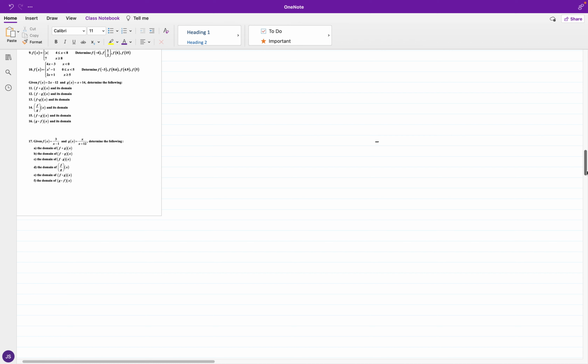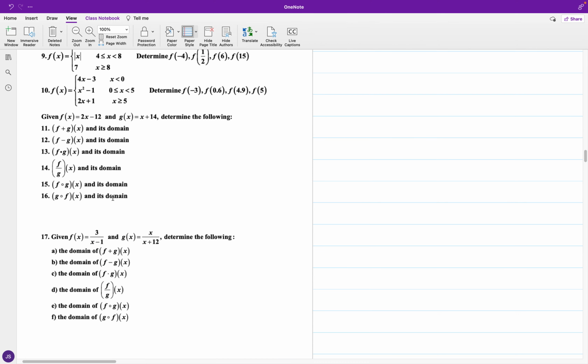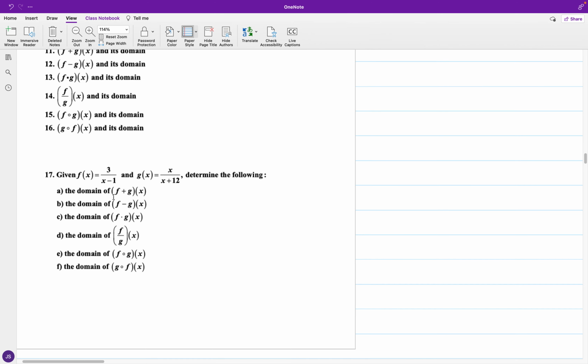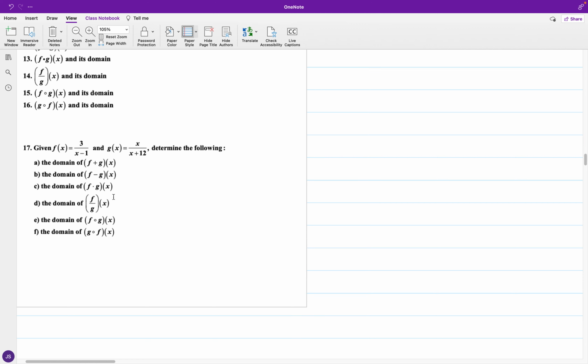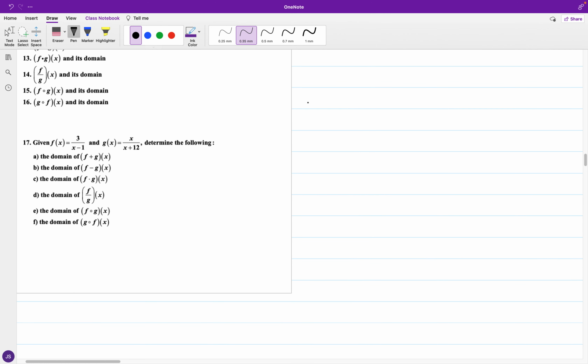Now, for what we have in reference to number 17 from the first part. You've got two functions, f of x and g of x, and we're looking at the domain of these operations occurring between f and g of x.